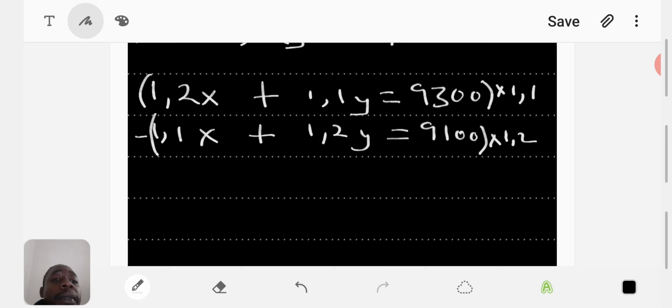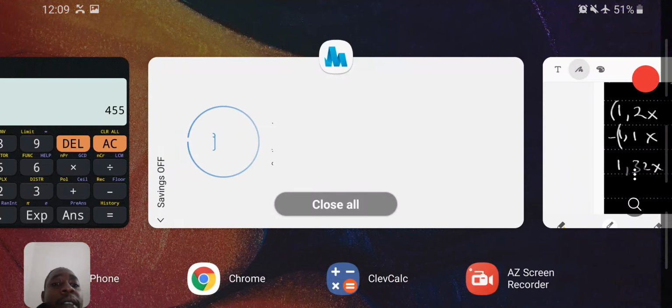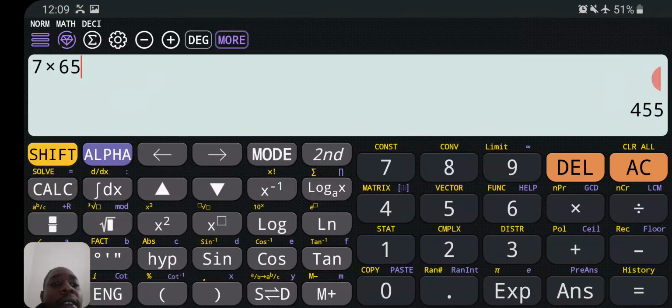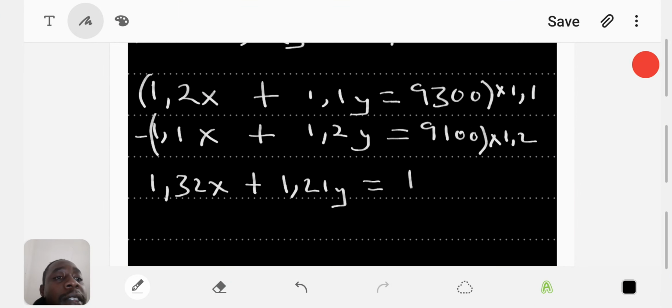And then to the next line, 1.1 times 1.2, we get 1.32x plus 1.21y is equal to 9,300 multiplied by 1.1, which equals 10,230.